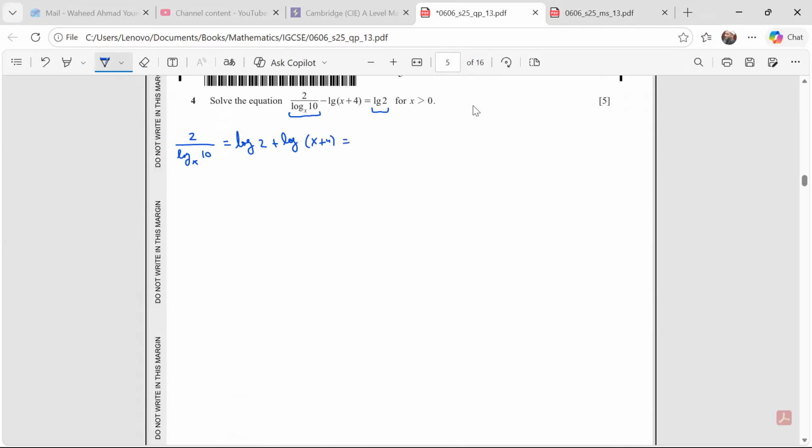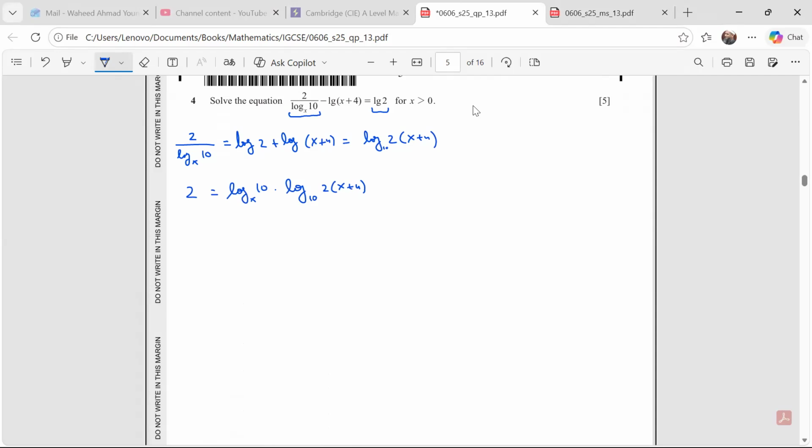Of course, we can combine them together as log of 2 times x plus 4, and remember, this is base 10. Can I write this as 2 equals log of 10 base x times log of 2 times x plus 4 base 10, right?